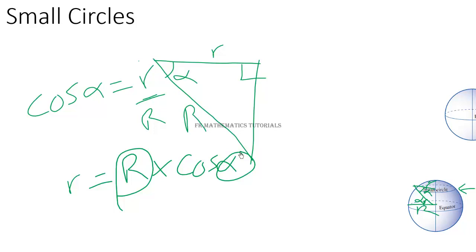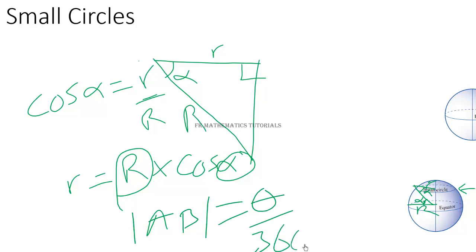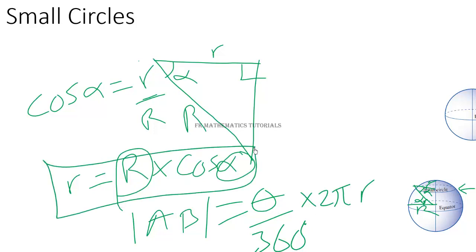So we can now also calculate the distance between any 2 points on the Earth's surface using the formula. So let's say distance between AB on the Earth's surface will be theta over 360 degrees times 2 pi small r, where small r is given by this relation.